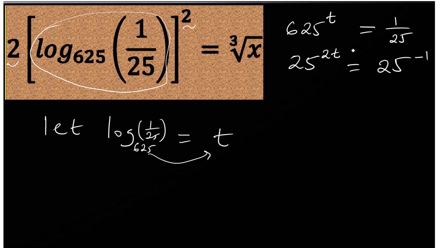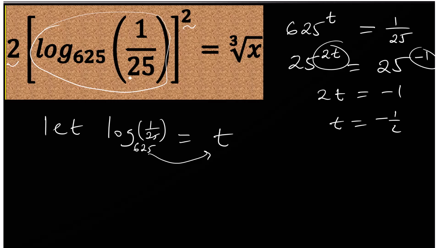So we have this equals that, 2t equals -1. Therefore, t is minus half. So it means everything here is minus half.